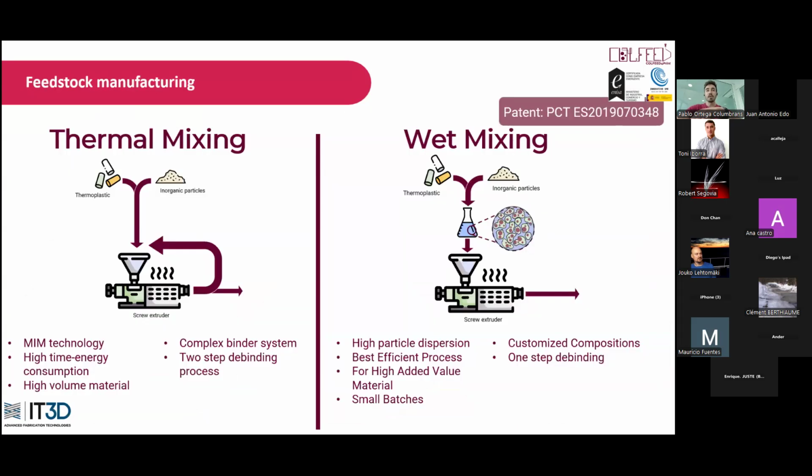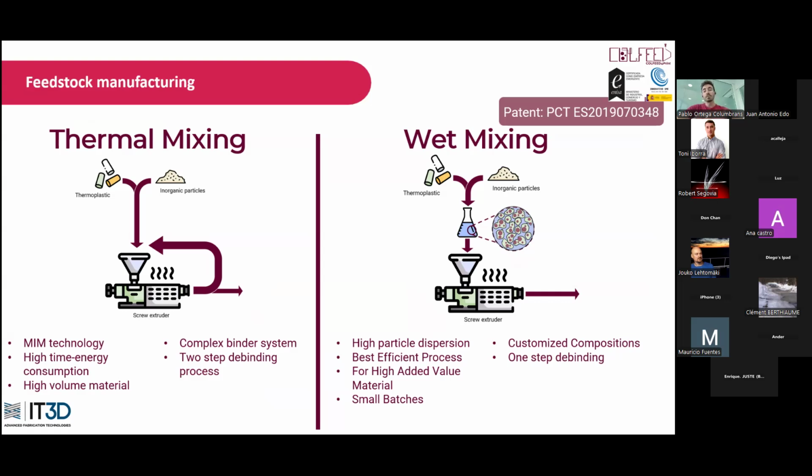Our identity hallmark, what distinguishes us from our competitors, is our patented wet mixing process. The traditional thermal mixing of composite materials requires more raw materials and more energy consumption, and the dispersion of the organic and inorganic phases, among other things, is more difficult.